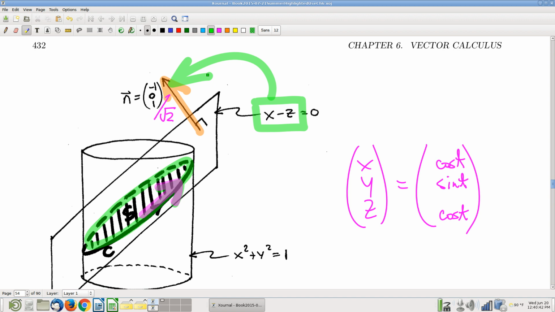The coordinates are 1, 0, -1. Why did I put 1, 0, -1 here? Well, because that would be pointing the wrong way. You can tell it'd be pointing the wrong way because by inspection, this vector's got to be pointing up-ish, right? Not exactly up. And so therefore the third coordinate's got to be positive, and so you have to do that with the minus sign. All right, details.